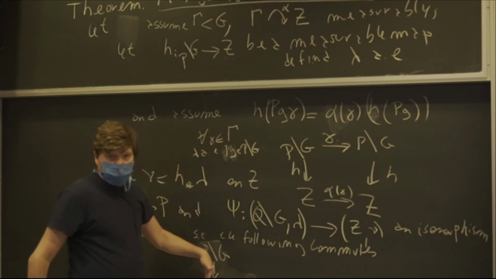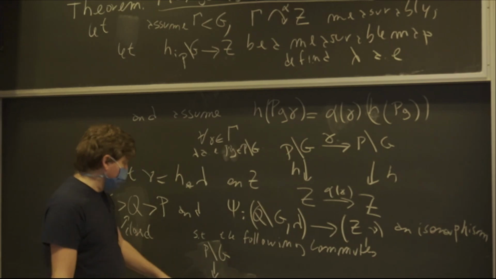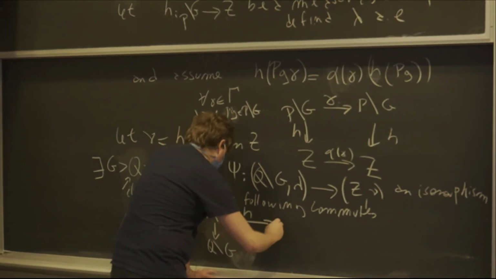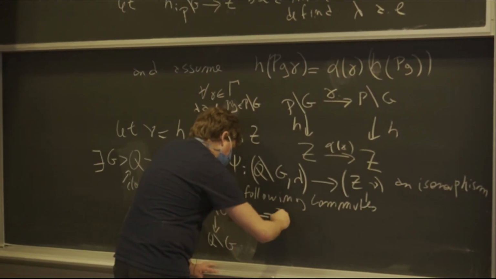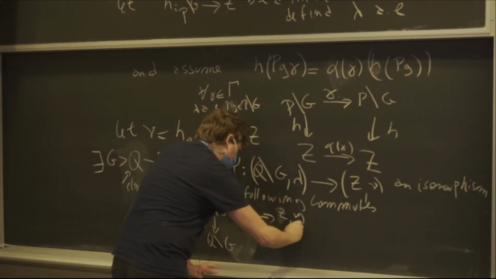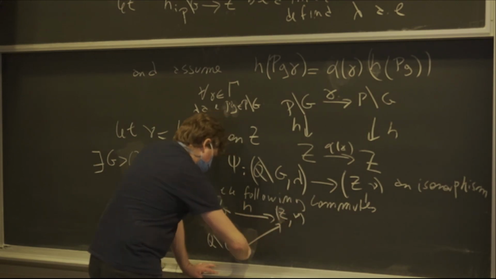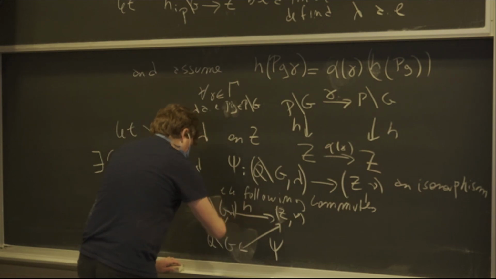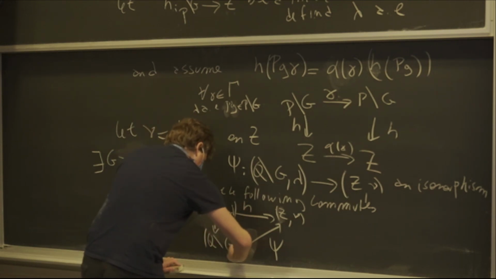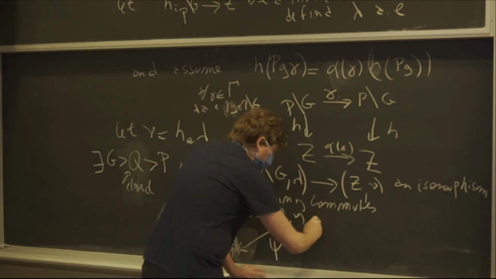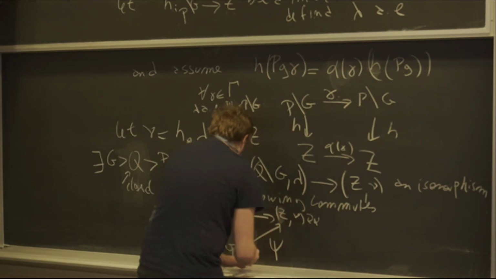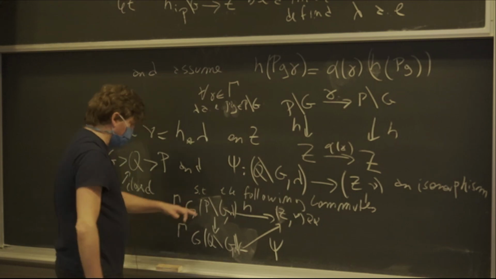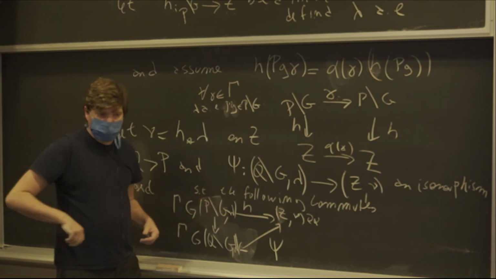This is the natural projection because P is inside Q. I have H here into Z with nu, and I have psi here, and there was lambda here and lambda here, and everything commutes. So I have the alpha action here, and I have the gamma acting here and gamma acting here. So this is the natural projection. So this downside arrow is natural.